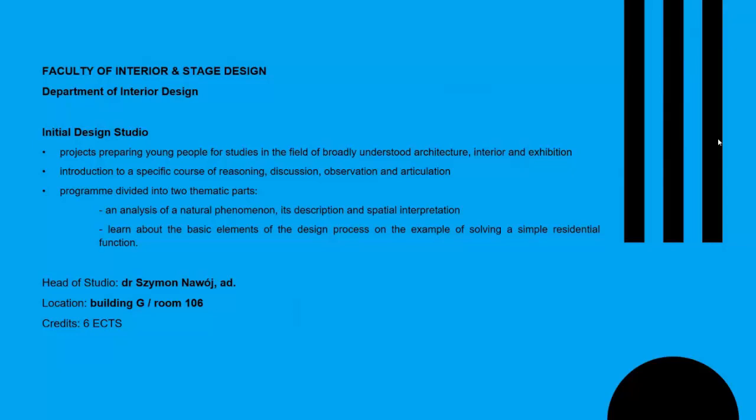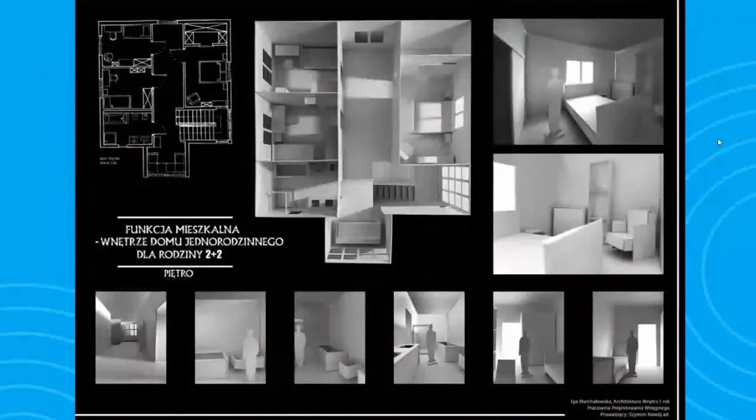the beginning, how to project interiors, what is important in interior architecture, what is also important during the project process. And here you can see some boards, the final boards with the projects. So here you can see that this is a real model, built of cardboard.